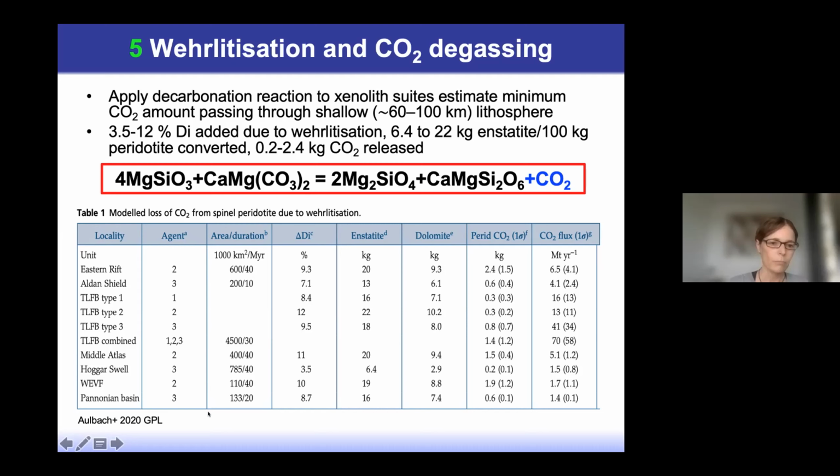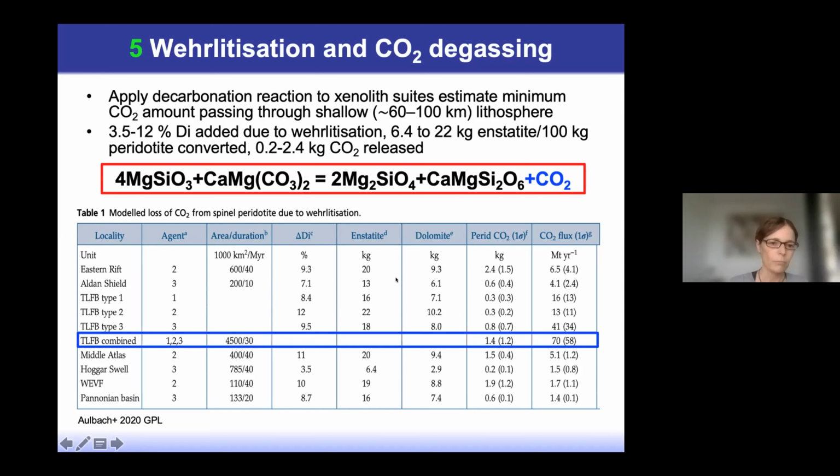And when we then actually weight that by the area estimate and the estimated duration of the wehrlitisation event, we come up with fluxes. And here I would like to highlight two, which is again the Tanlu fault belt, where we can see that a flux of 70 megatons per year total has been generated over about 30 million years.